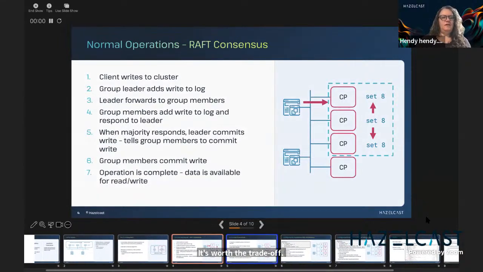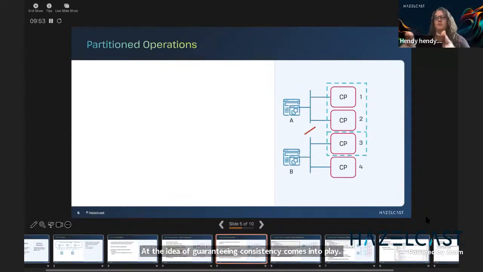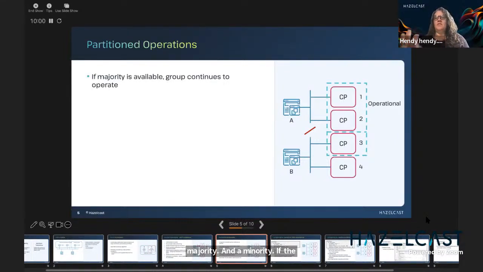So, okay, moving on. How do we deal with this when we're partitioned? This is where the CP subsystem's guarantee of consistency comes into play. We've partitioned our group so that we have a majority and a minority. If the majority is available, that part of the group will continue to operate.